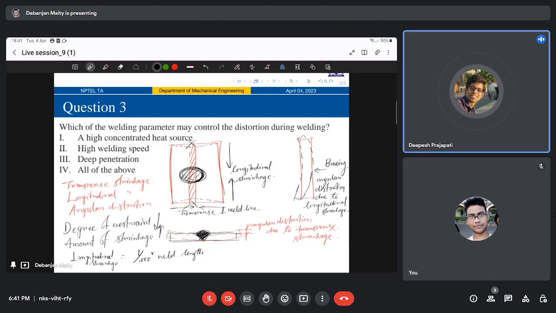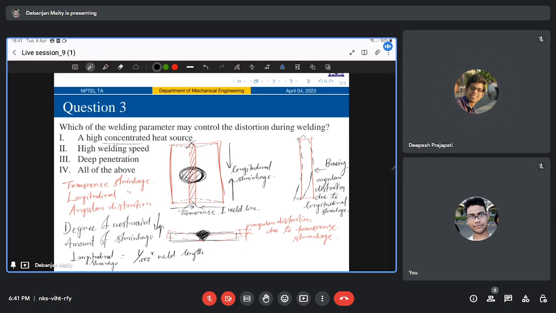If you have a highly concentrated heat source, you can control the distortion to some extent. Then let's say you have a high welding speed. Will it control, or will the lower speed control it more? Speed will control. This is true. And if you have a highly concentrated heat source, you of course will have deep penetration. So all of these above can control your distortion during welding.